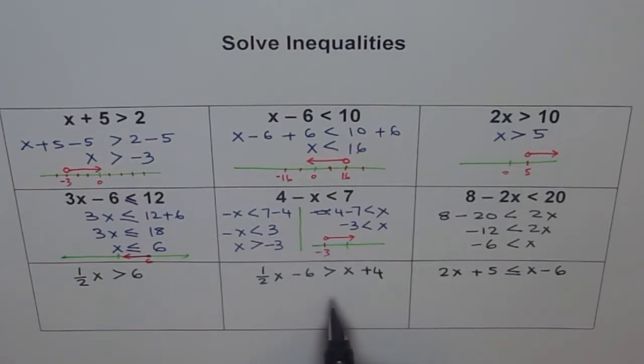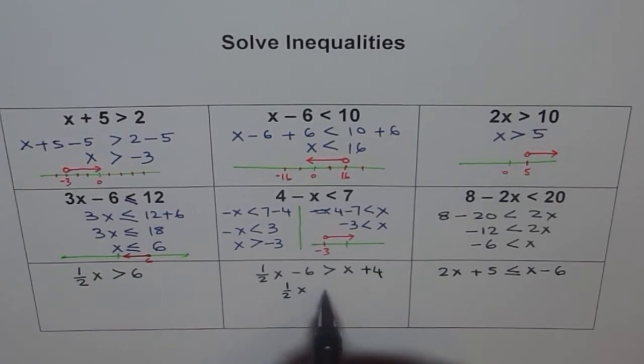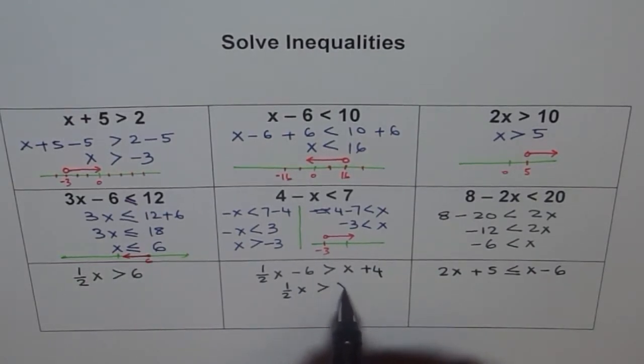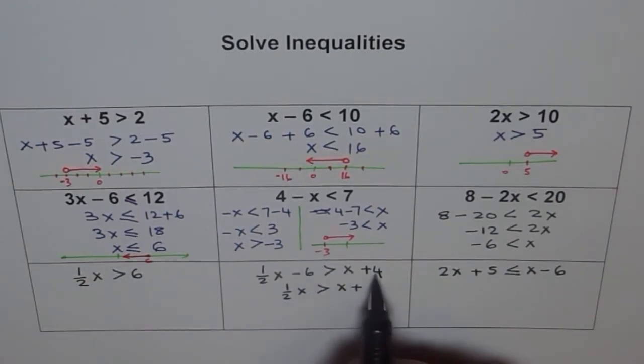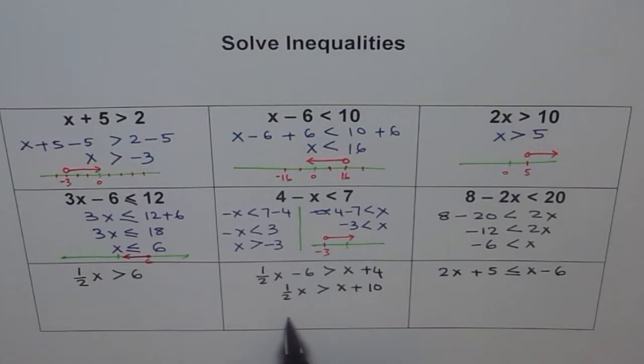Here, what are we going to do? We'll add 6 on both sides. When you add 6 on both sides, you get half x is greater than x plus 6 plus 4, which is 10. Now, to get rid of x, what will you do? We can take away x from both sides.